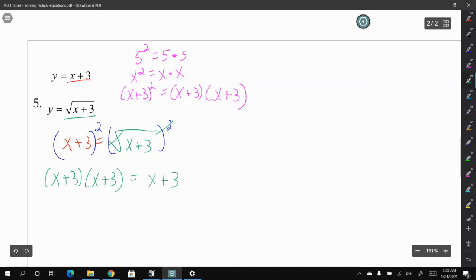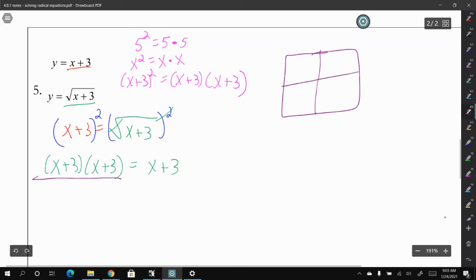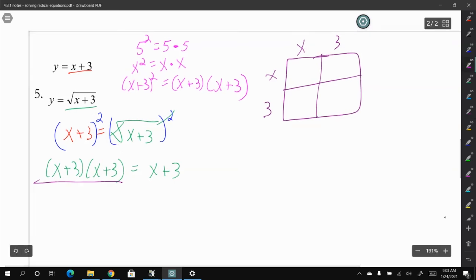And you may say, well, can't I just divide both sides by x plus 3 right now? If you do that, then you're getting rid of one of your possible solutions. So you don't want to do that. So on the left side here, I'm going to multiply that using the box. If you know how to FOIL instead, you can do that. But I think doing it this way with the box kind of helps you with factoring as well.